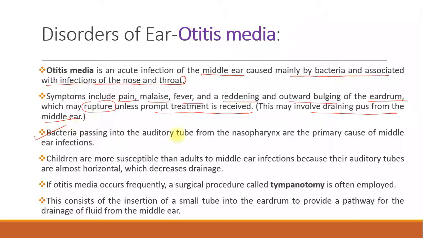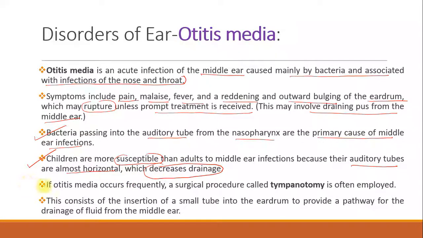Bacteria passing into the auditory tube from the nasopharynx are the primary cause of middle ear infections. Children are more susceptible than adults to otitis media because their auditory tubes are almost horizontal, which decreases drainage.